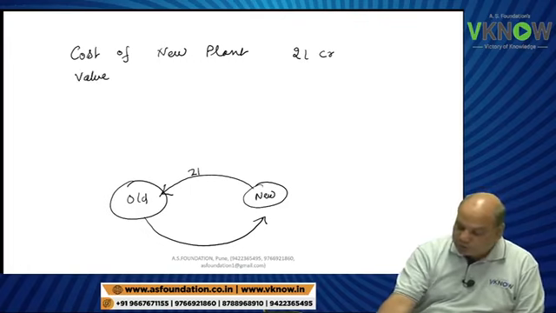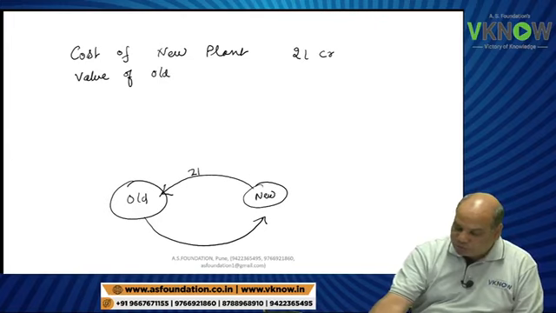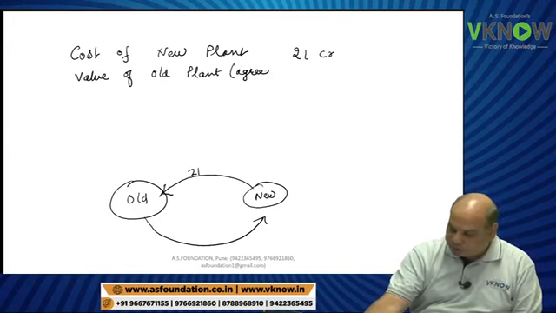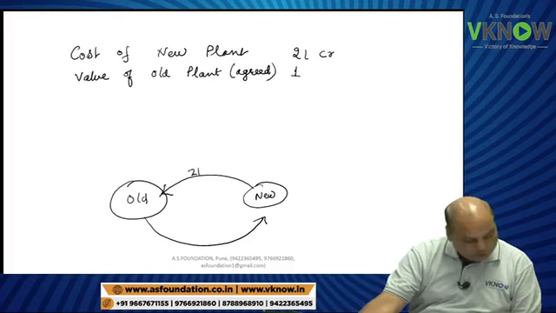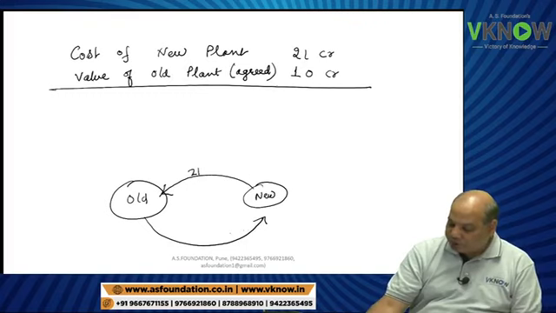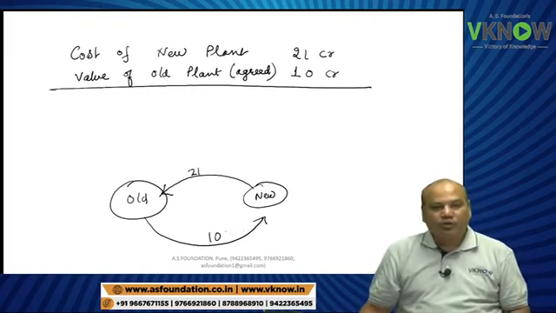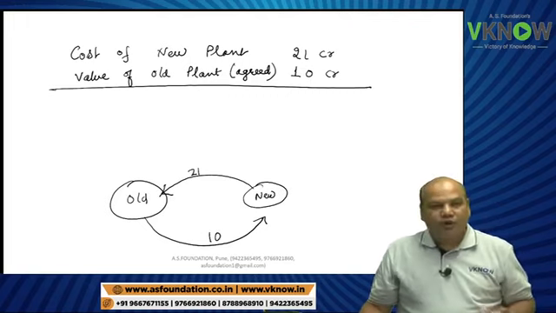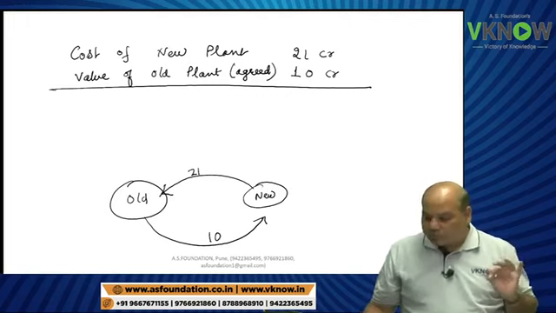So what is the value of old plant agreed between the two parties? Is 10 crore only. So vendor says, I am willing to take your old plant at a valuation of 10 and I will give you new plant at a valuation of 20.